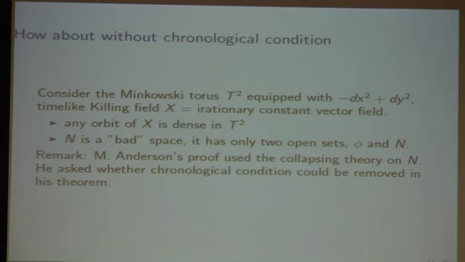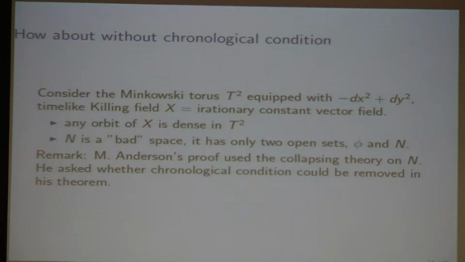And you can take an almost arbitrary timelike Killing field X, an irrational constant vector field. This gives you the following: any orbit of X is dense.